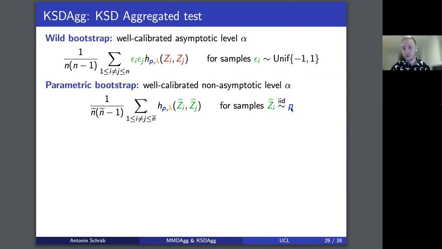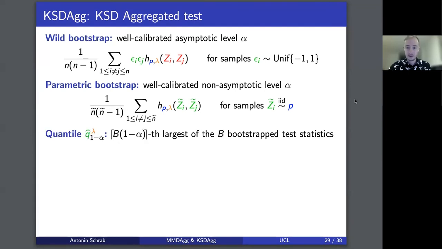So we might know P only up to a normalizing factor, or we might not be able to sample from P even if we have P. The parametric bootstrap is computed by sampling some new points from the model and computing the KSD estimate. And the quantile is, as before, defined as the B(1 minus alpha)-th largest value of the B bootstrap test statistics, either with wild bootstrap or with parametric bootstrap.